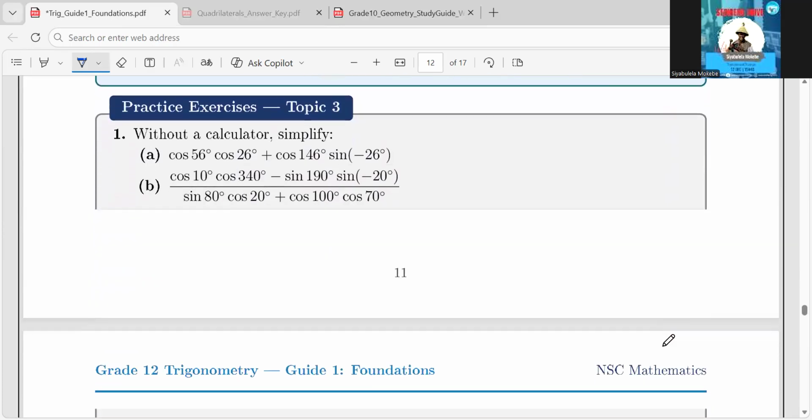Okay, folks, again, please pause the video and try this exercise.